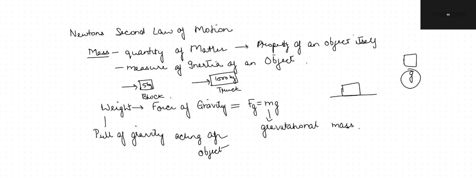Okay. So if the same object is taken to the moon, it will weigh only 1/6 because mass will remain constant, but the gravity is 1/6 on the moon as compared to Earth.